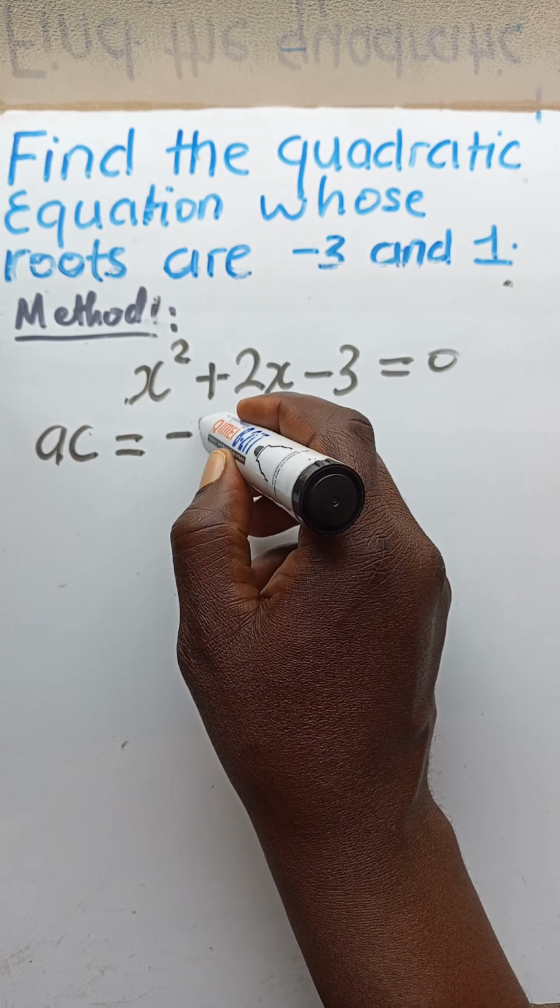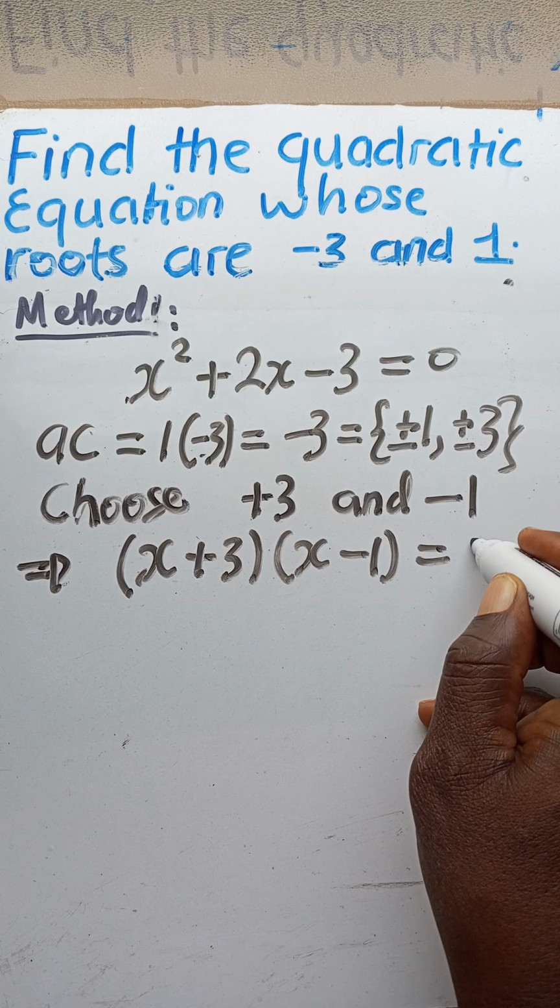Now in this set, we have to choose 2 such that the sum will be positive 2 and the product is negative 3. The only choice that answers to those 2 criteria will be positive 3 and negative 1. Therefore, we form the factors (x plus 3)(x minus 1) equals 0.